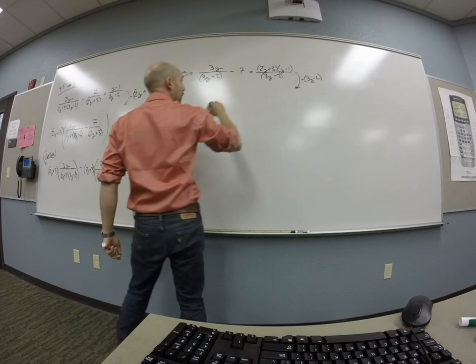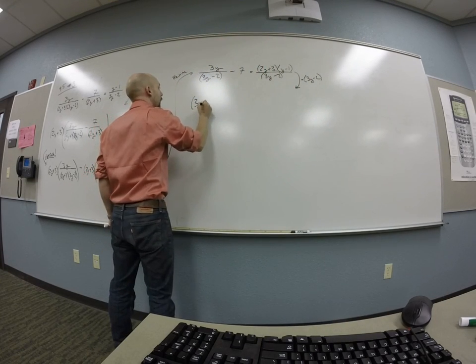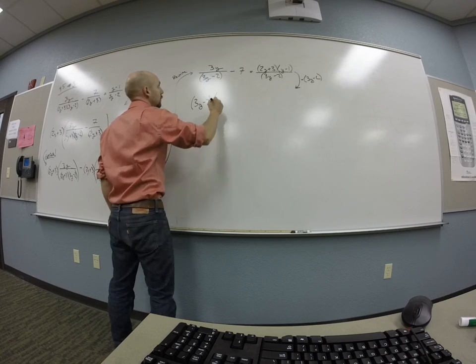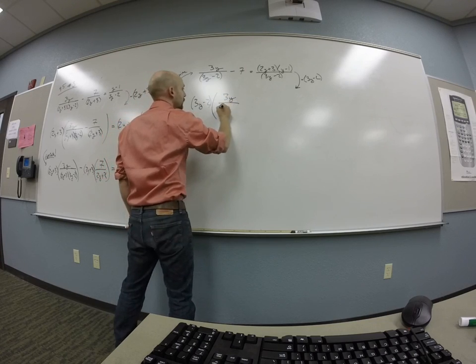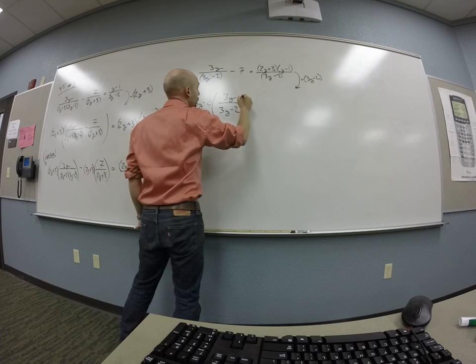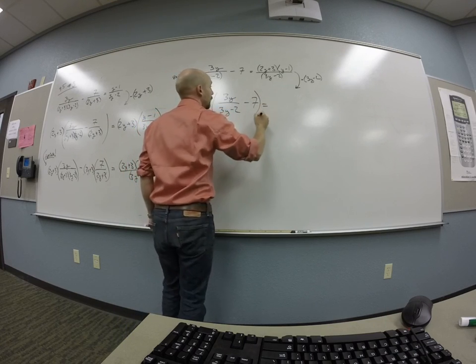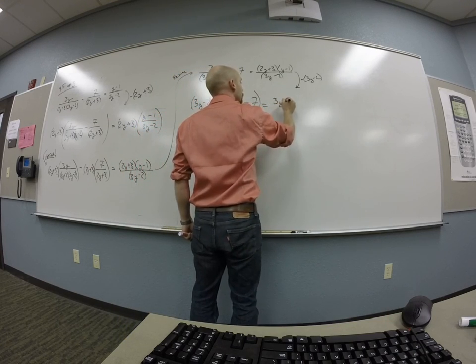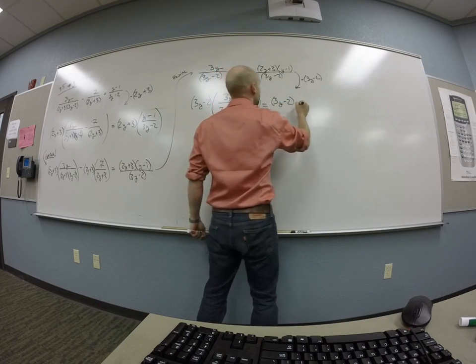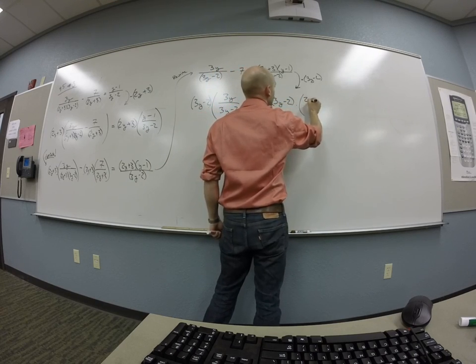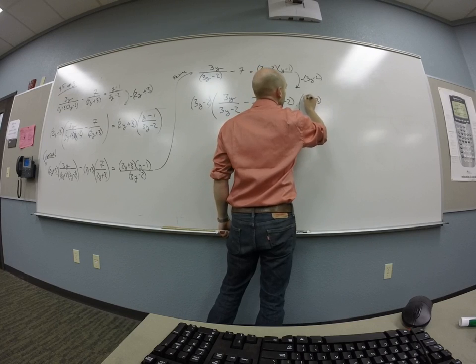We can do that all in pieces. So I've got 3y minus 2 times the left-hand side stuff equals 3y minus 2 times the right-hand side stuff.